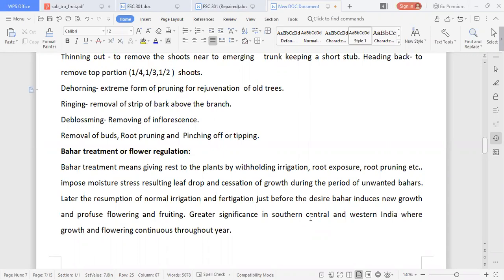Later comes the resumption of normal irrigation. Once that particular 40 to 60 days resting period is finished, you can do heavy irrigation along with proper manuring as well as fertilization. Fertilizer you can give.